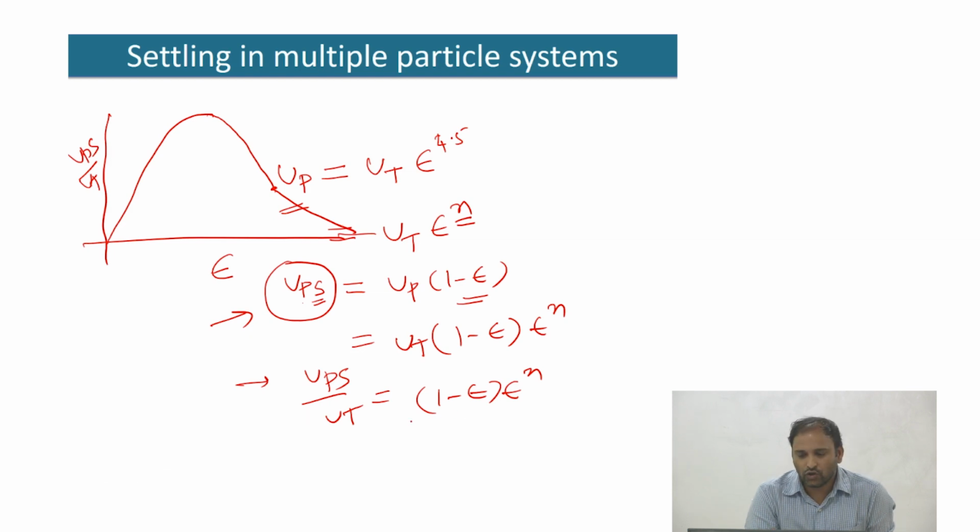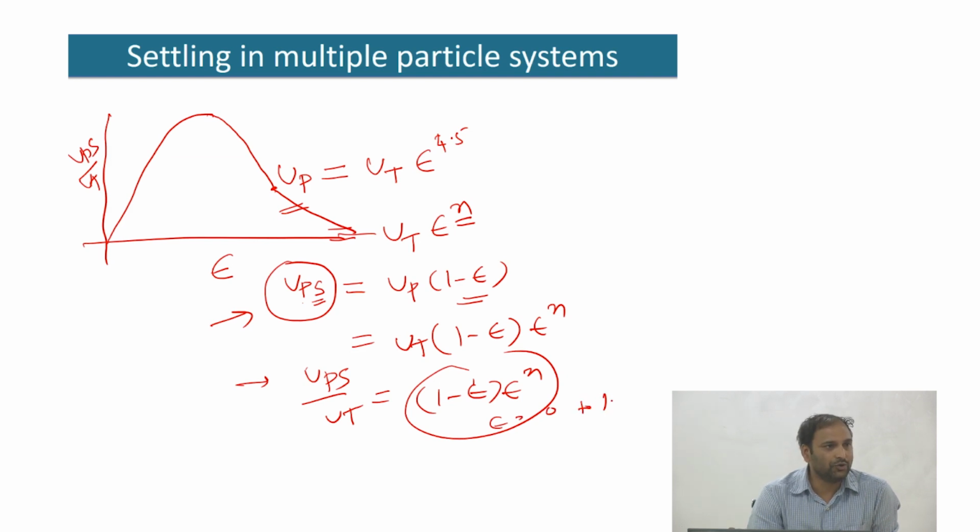What you do is you take this expression and vary epsilon from 0 to a maximum of 1. If you do that, you get a plot like this. The maxima and the inflection point I can get by differentiating and equating to 0, and then taking the double derivative.